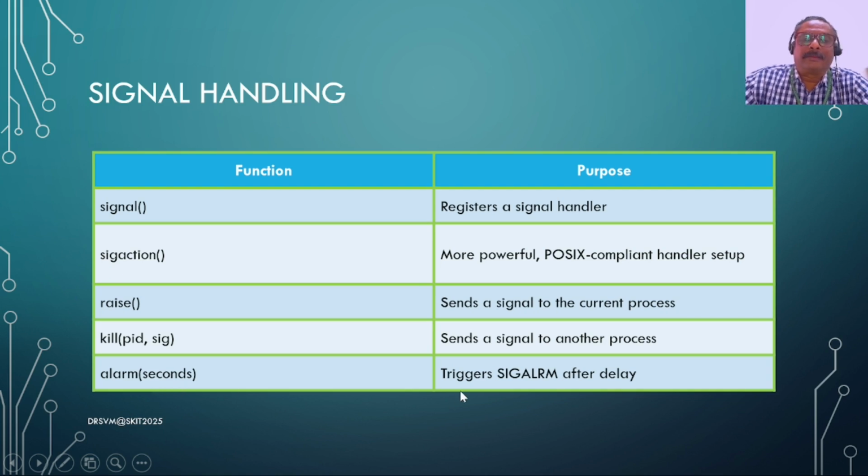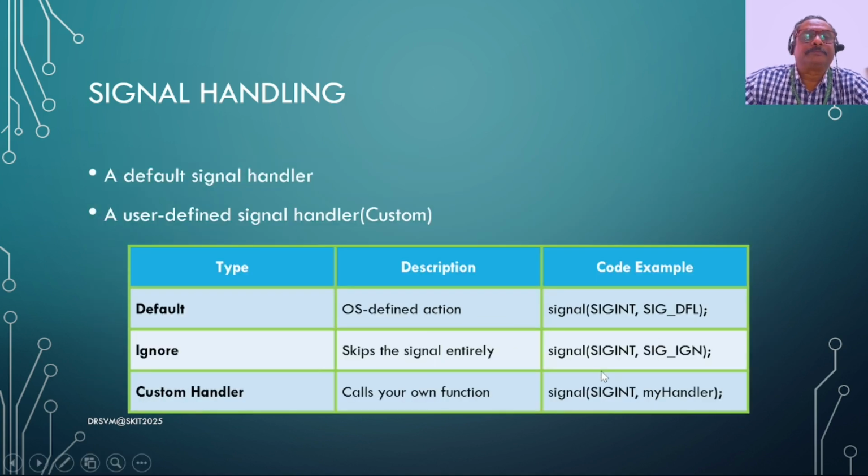Alarm takes seconds, and then the trigger is activated after that delay. So the various possibilities: the default, where the operating system has defined the action; ignore, which just neglects the signal; or a custom handler, where you can call your own function.